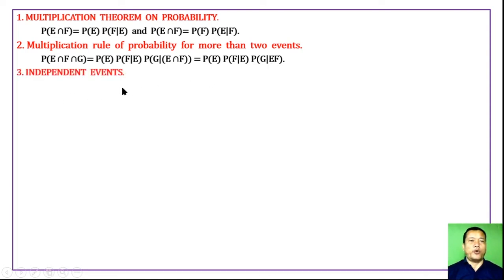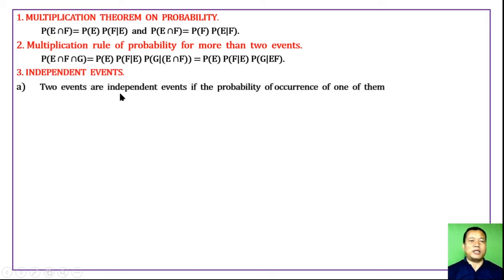Independent events. When are two events said to be independent events? Two events are independent events if the probability of occurrence of one of them is not affected by occurrence of the other.